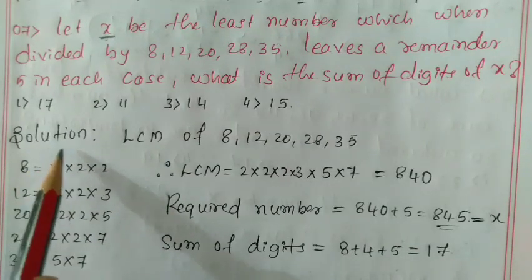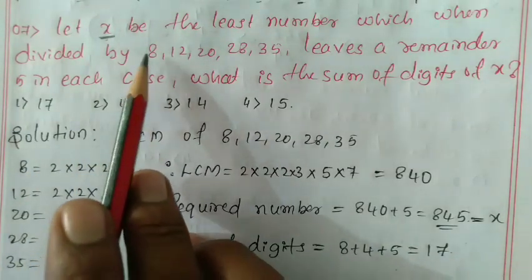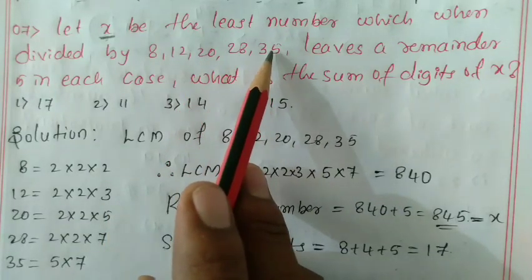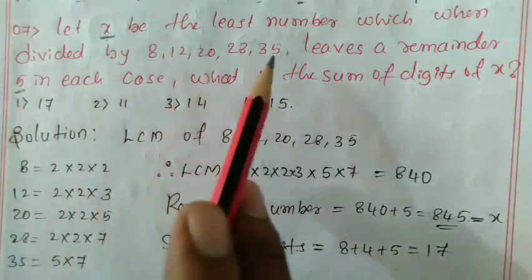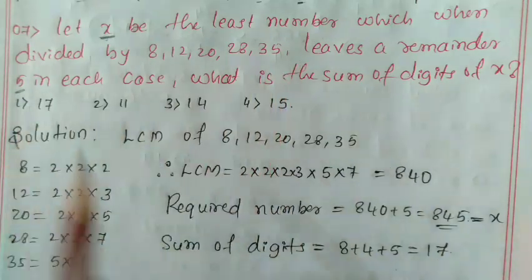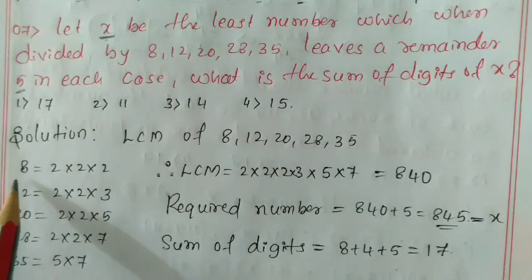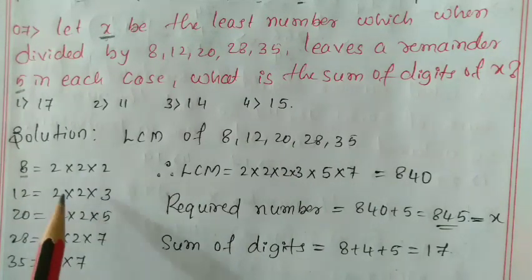So next you can write here the solution. Okay, so you can find the LCM of 8, 12, 20, 28 and 35. After that you can add 5 to the LCM. First you can find the factors of 8.